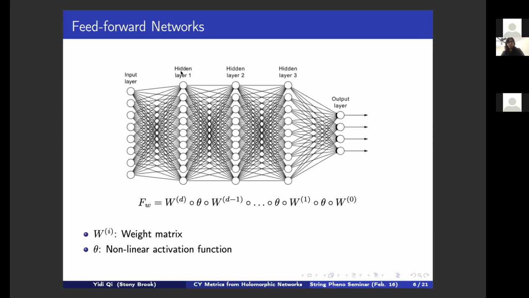So we just make them nonlinear to have more equations. Then you basically multiply the input by the first layer and go through activation functions, and then you go through the next layer and so on. At the end, you have some kind of output layer, and it's basically just a map from your input points to your output.